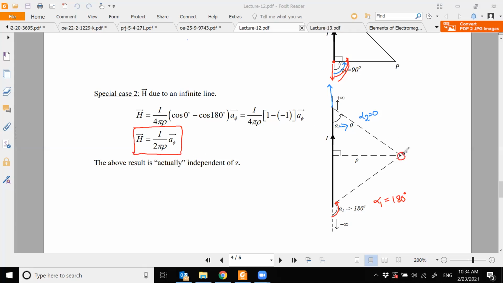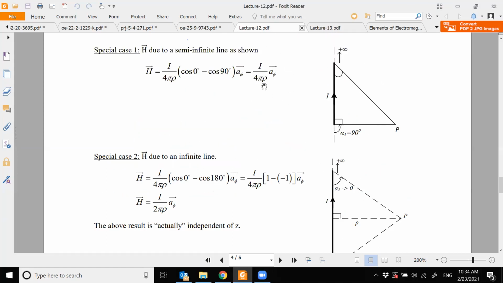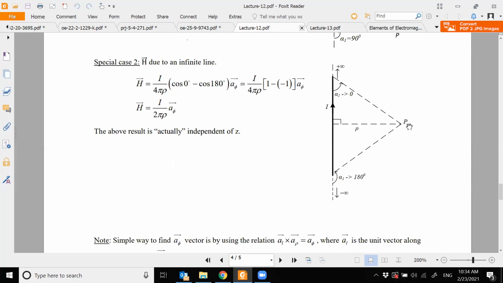It will still be going inside the screen, and its magnitude will be I over 2 pi rho. So for an infinite line it is I over 2 pi rho, for a semi-infinite line it is I over 4 pi rho. The magnitude changes; the direction is the same, a phi and a phi.